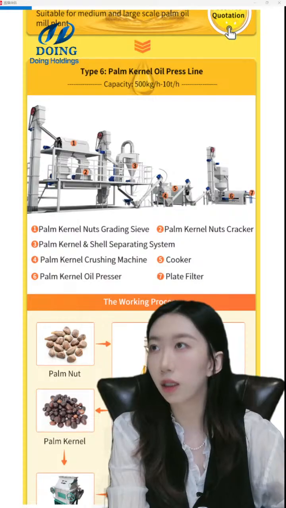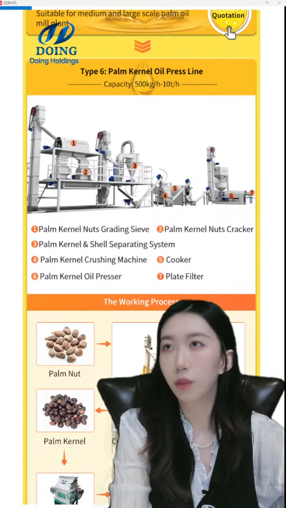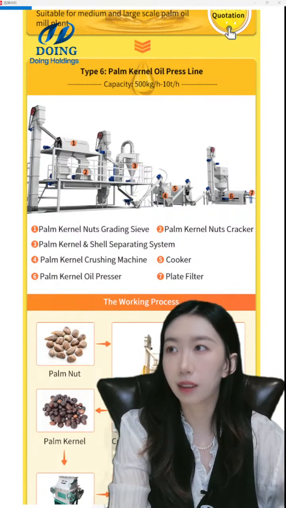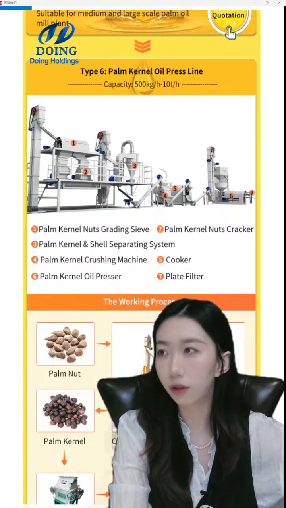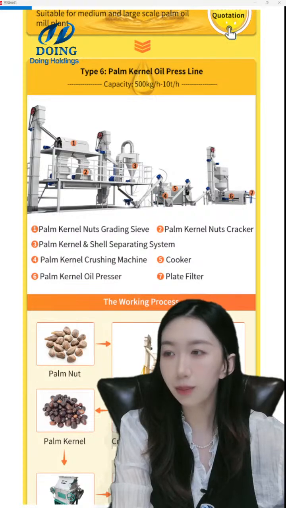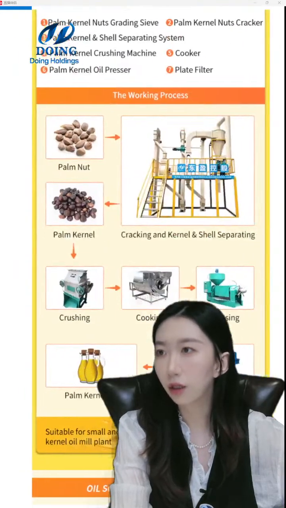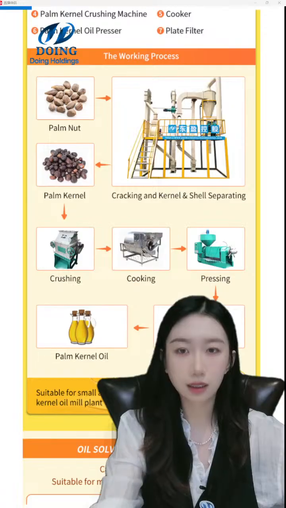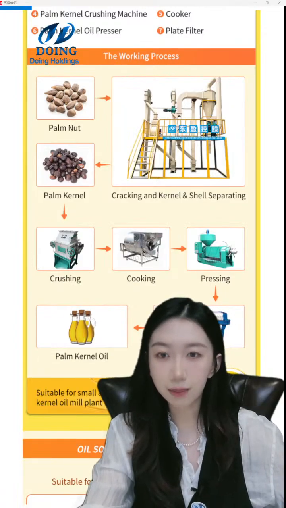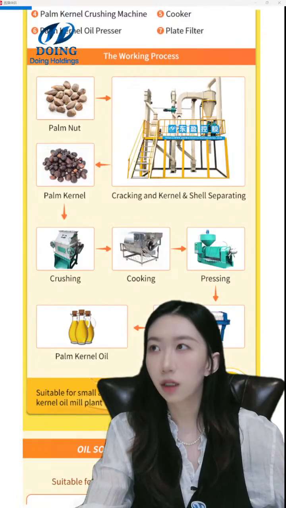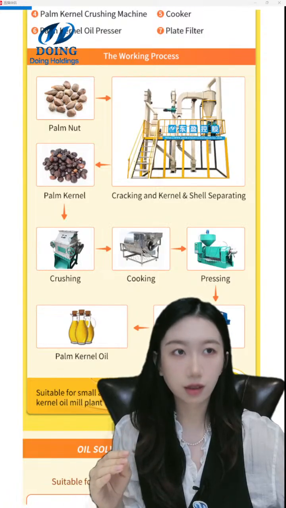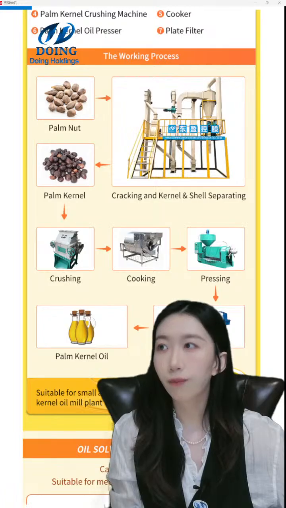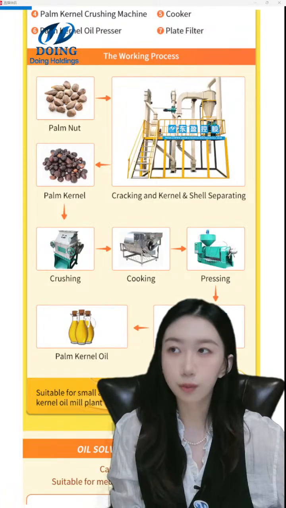Next is the palm kernel oil production line. Its capacity is more than 500 kg per hour. In this production line, the first step is to separate the palm nut shell and palm kernel.